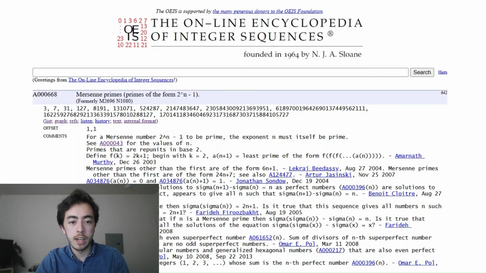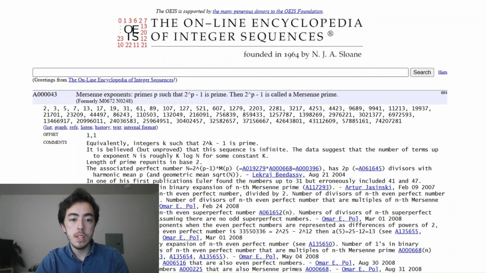We could look at a similar sequence of integers where we could click on this for the values of n, where n is our exponent. So we can click there. And here we see our Mersenne exponents, primes that give us 2 to the power of that prime minus 1 also is a prime. And so today we were concerned with the exponents 107 and 127.